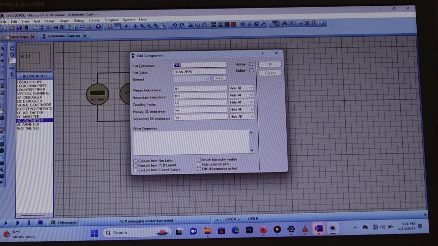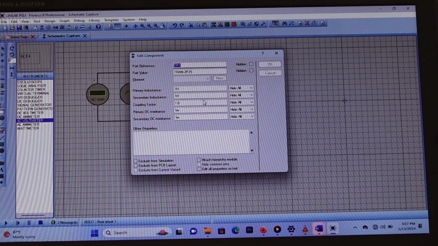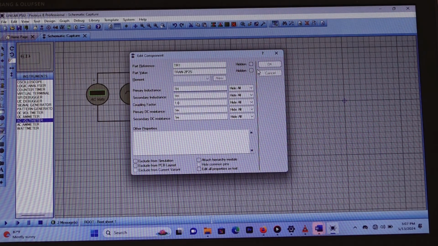Simple. The way we define it in simulation is by using a parameter we call inductance. We have primary inductance and we have secondary inductance. There I've right-clicked the ideal transformer, and you see that the primary inductance is 1 Henry. H is the SI unit of inductance, which is Henry.